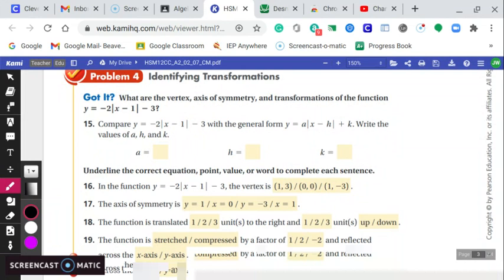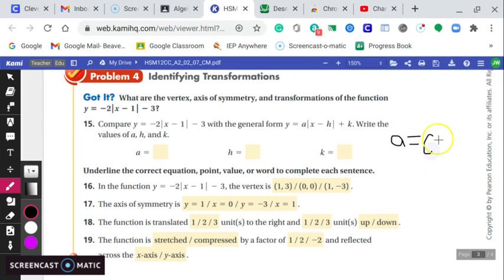What are the vertex, axis of symmetry, and transformations of the function y equals -2 absolute value of x minus 1, minus 3? You're going to compare this to the general form, where A is the compression, which I'm going to write on the board tomorrow.